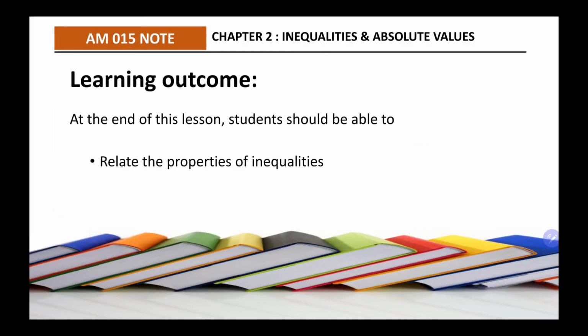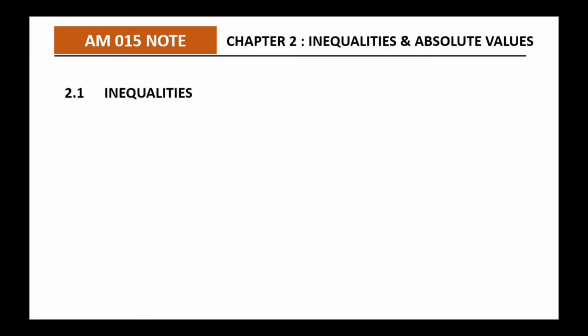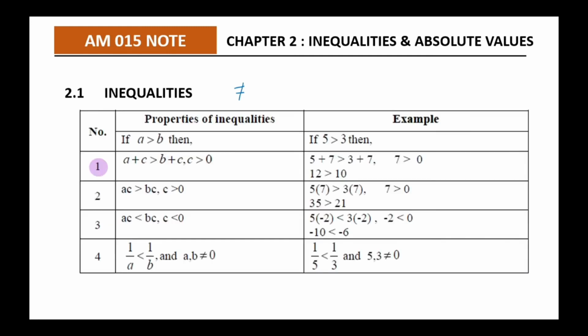These are the learning outcomes for this lesson. 2.1 Inequalities. Normally we have an equal sign, but for inequalities the equation is no longer equal. Properties of inequalities. If A is greater than B, then A plus C is greater than B plus C. Example, if 5 is greater than 3, then 5 plus 7 is greater than 3 plus 7, which is 12 greater than 10.